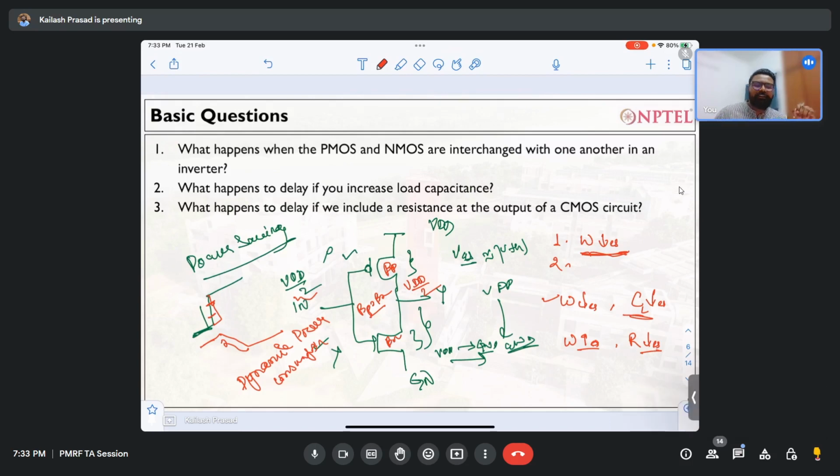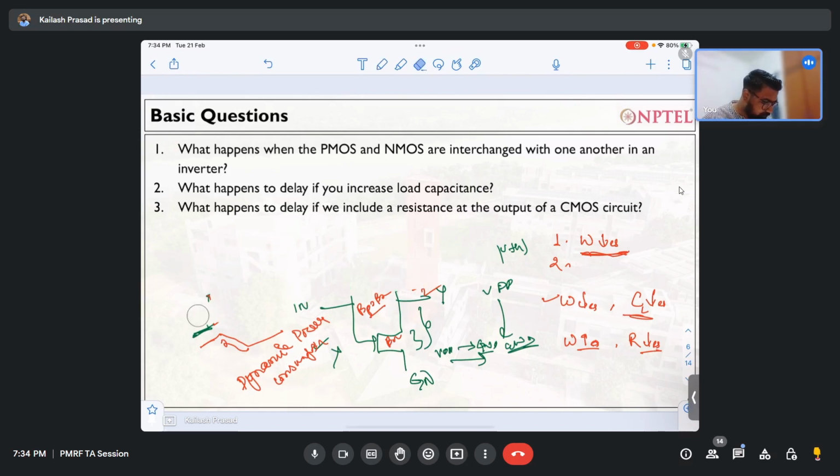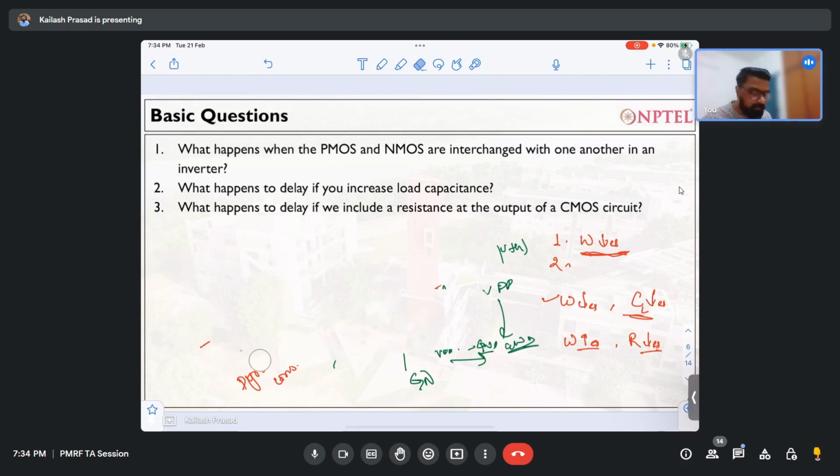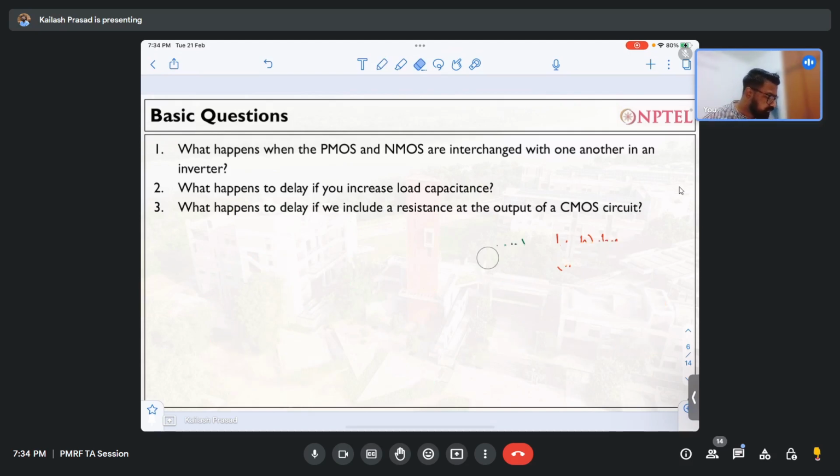Okay, so you're asking whether VDD by 2 is a metastable state or not. Okay, see, metastability comes in... so how do I explain this? Let me give you an example. Why do we consider VDD by 2 as a metastable state? Generally we say we have three states.